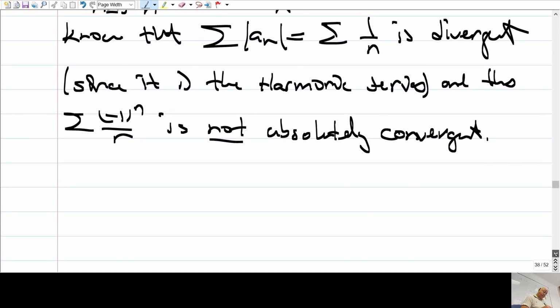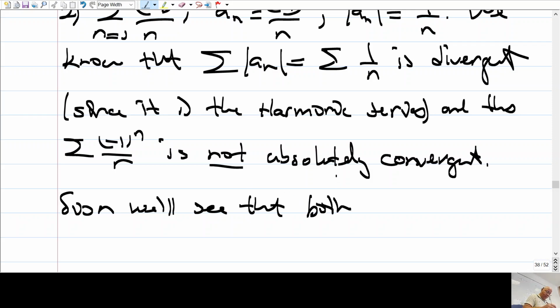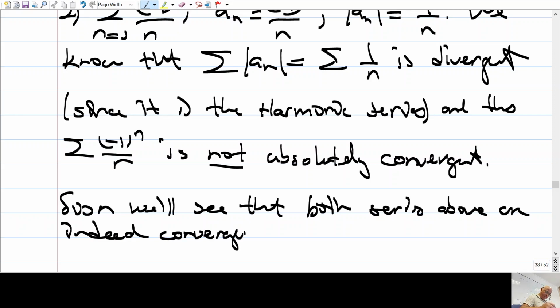We will see soon that both series above are indeed convergent.